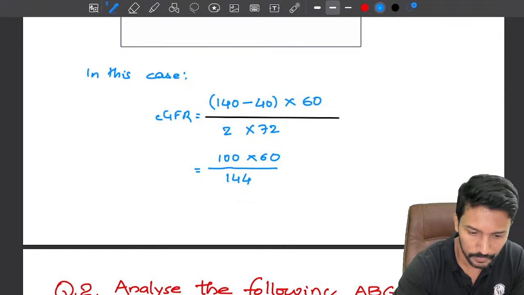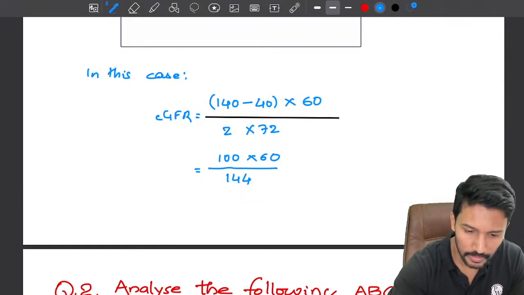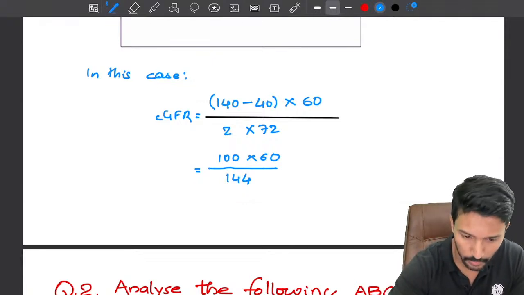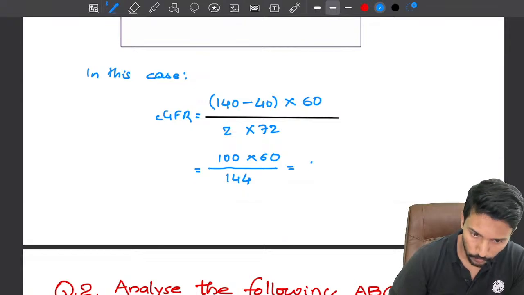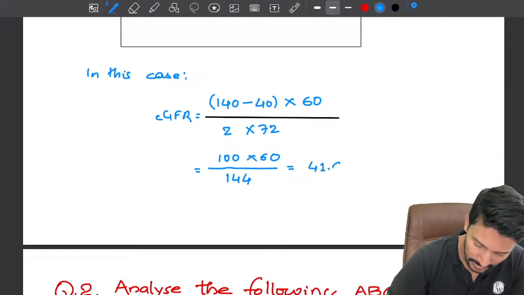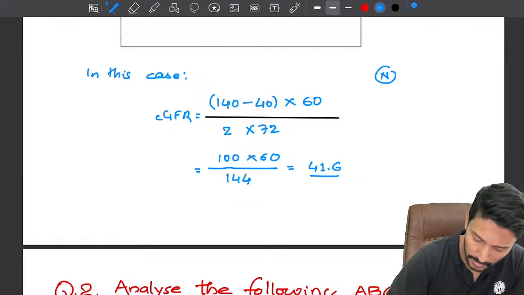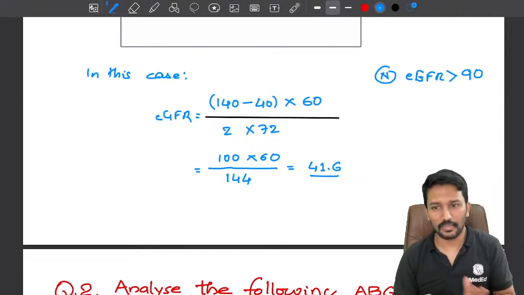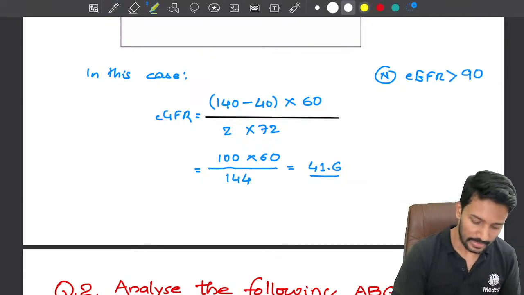Okay, so 100 into 60, that gives me 6000, divided by 144, that's equal to 41.6. The normal estimated GFR would be greater than 90. So in that case, this patient's GFR is clearly decreased.